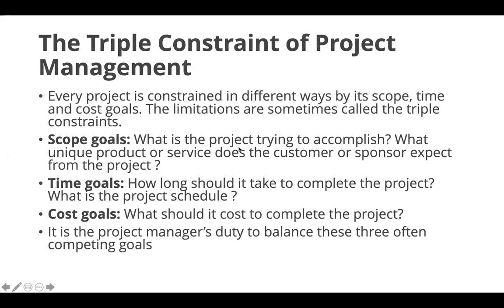So, scope goals: what is the project trying to accomplish? When we say scope, it is like a boundary. We can have a school management system which, according to the owners, is only for online application and admission, full stop.